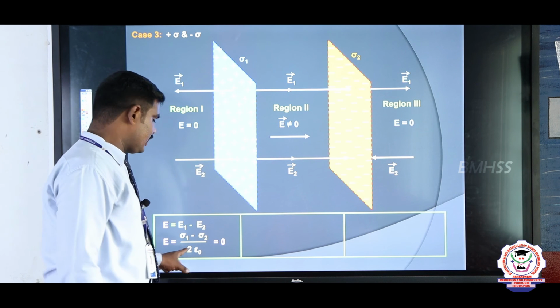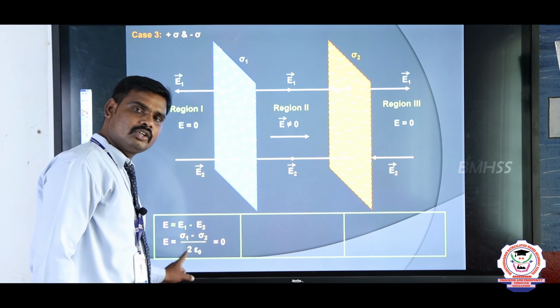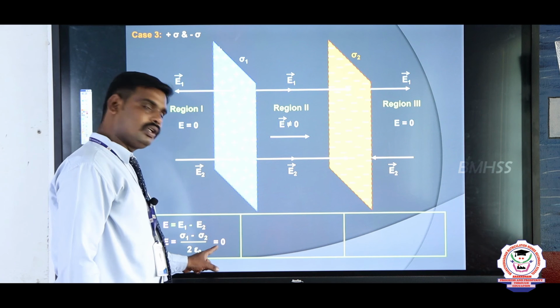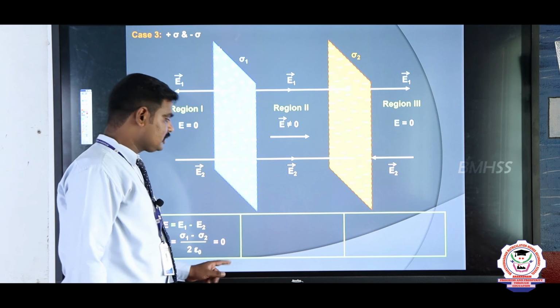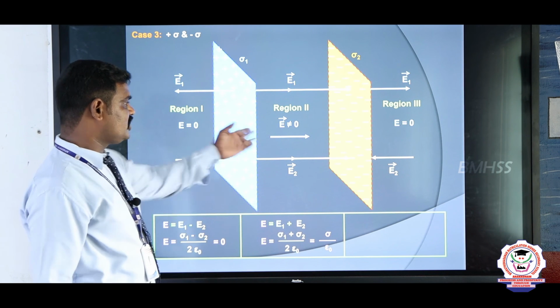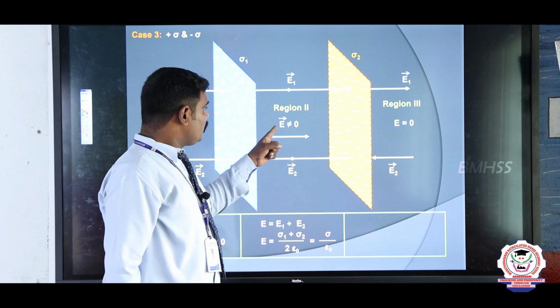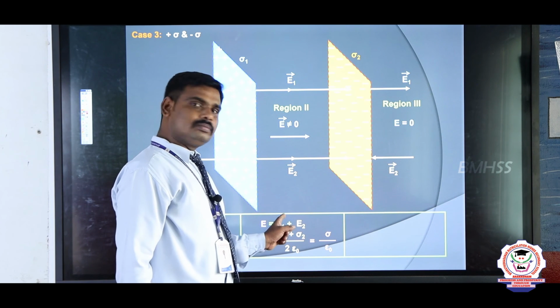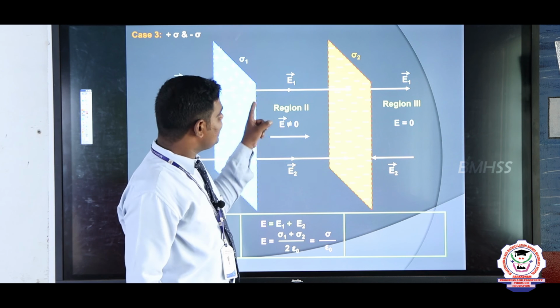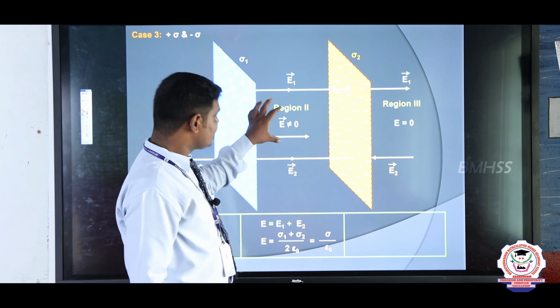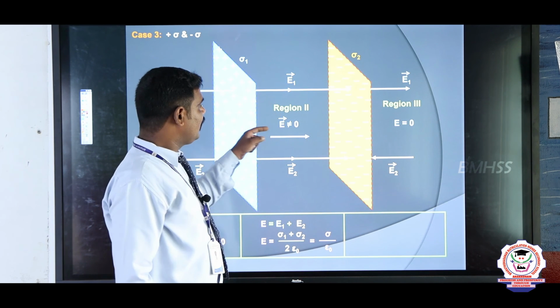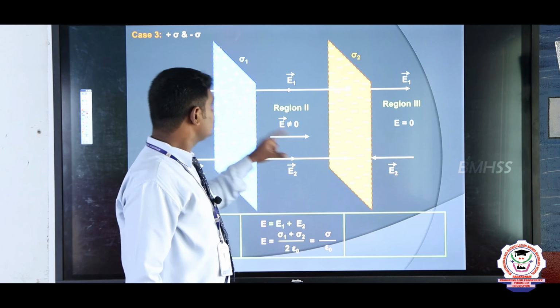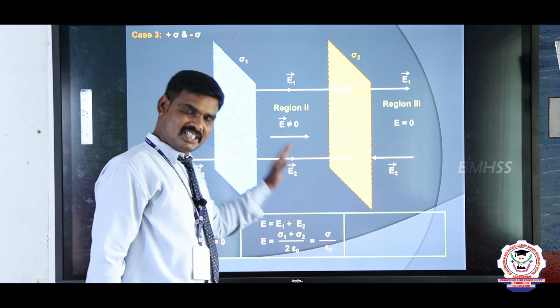In total we can write (sigma 1 minus sigma 2) divided by 2 epsilon naught, that is equal to 0. Yes, in the second region, E1 and E2 are both acting in the same direction, that's why the resultant electric field acts outwards, towards the positive charged plane sheet.